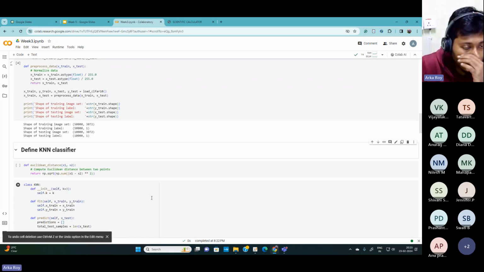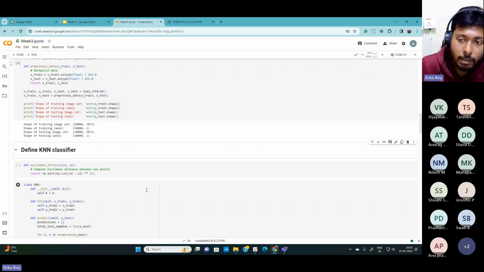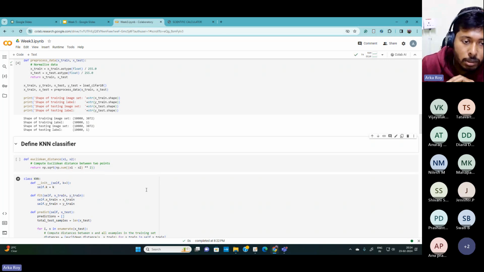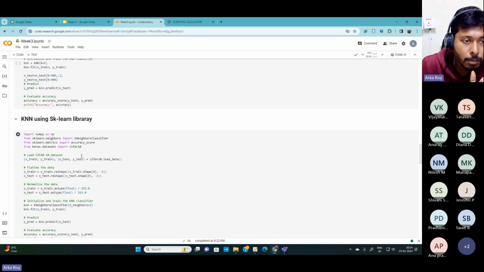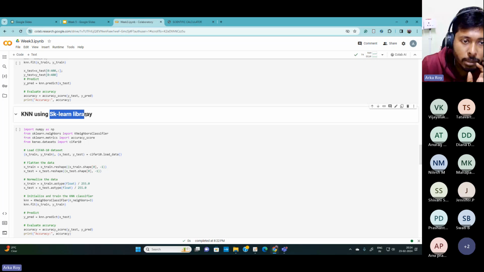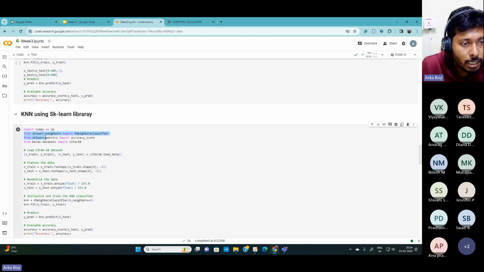Now you can define a KNN classifier on your own. You can write it from scratch, or you can use a predefined method. For example, you have the sklearn library. Over here I have imported from sklearn dot neighbors the KNeighborsClassifier.